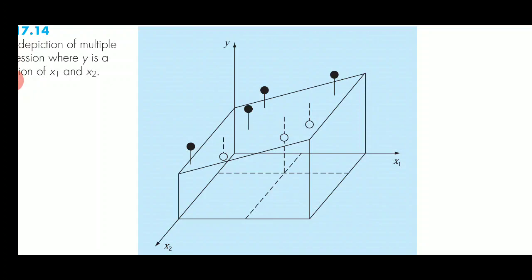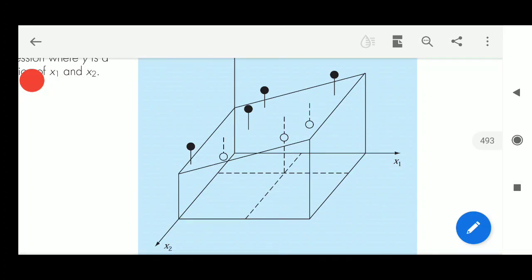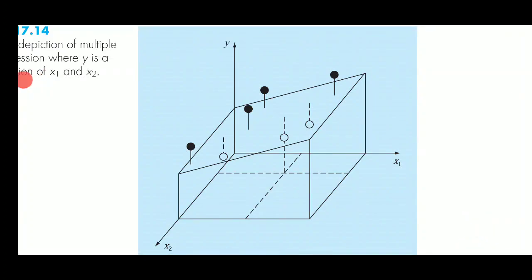If our point lies in that plane, then we say that it is fitting our plane. So earlier we tried to fit the line, now we are trying to fit the plane. That is the difference between linear regression and multiple linear regression. Ultimately, linear regression is a specific example of multiple linear regression.